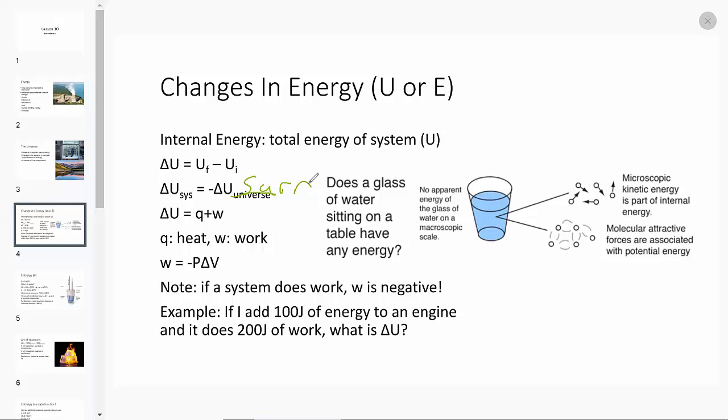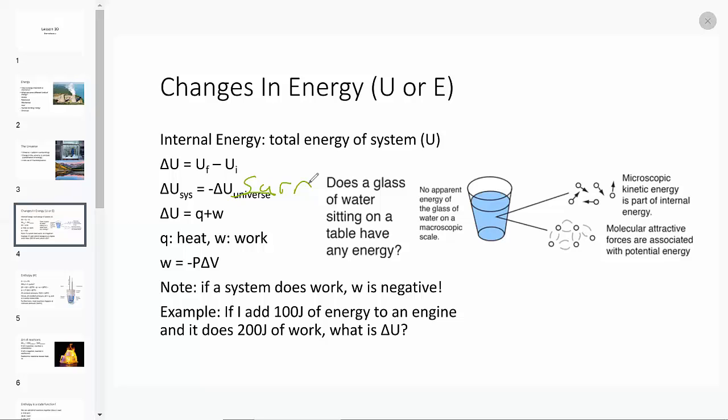So we have W equals negative P times delta V. And don't worry about the negative sign. This is just a sign convention to make things work. Often in physics, you'll see work equals positive P times delta V, but in chemistry, it's going to be negative.